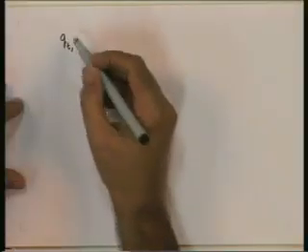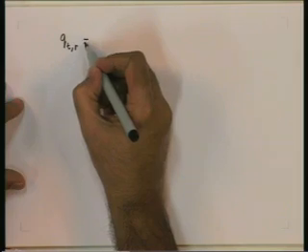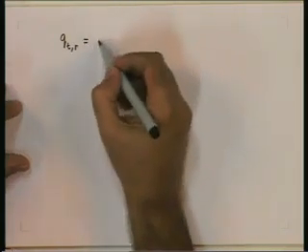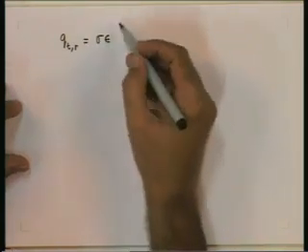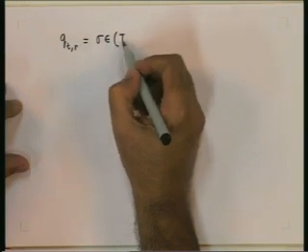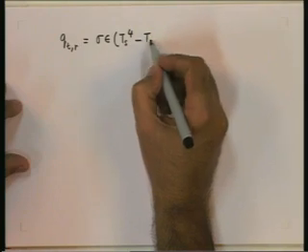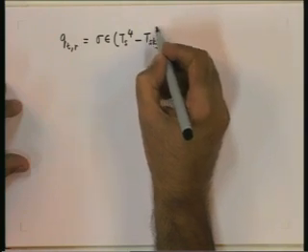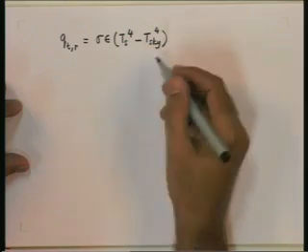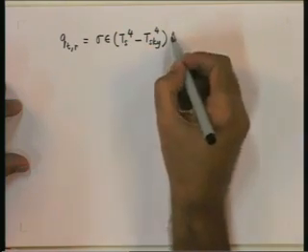Heat loss from the top by radiation. This will be sigma epsilon, surface temperature raised to 4 minus sky temperature raised to 4, multiplied by area.